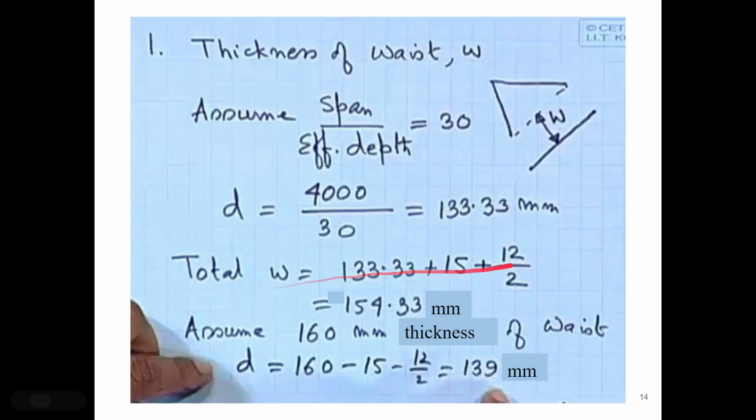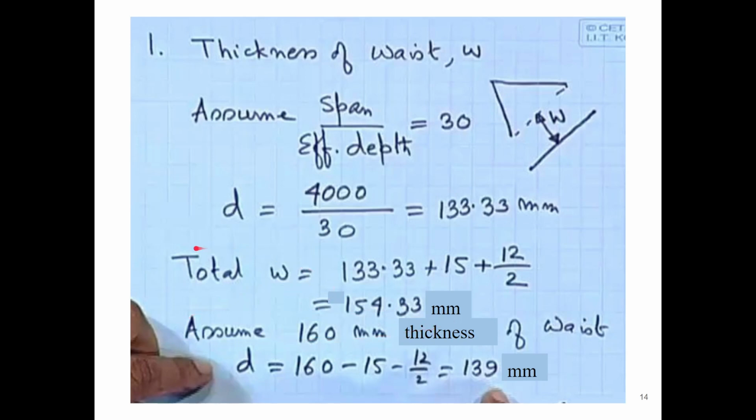If we add this effective depth with the clear cover and half of the rebar diameter, we will get the total W value. In case of beams, we call that the total actual depth, capital D. In case of staircase, it will be waist, W. So that W will be 133.33 plus 15 plus 12 by 2, which comes out to be 154.33 millimeters.